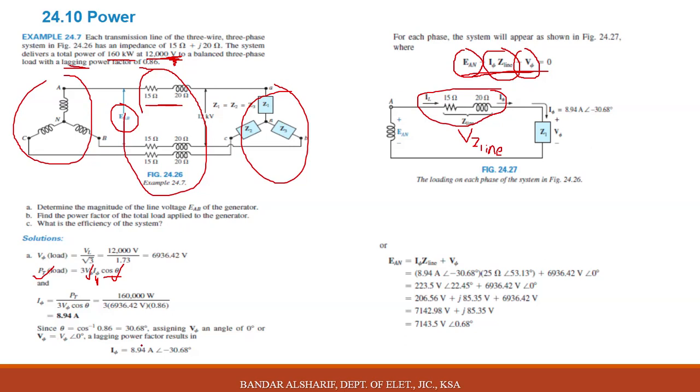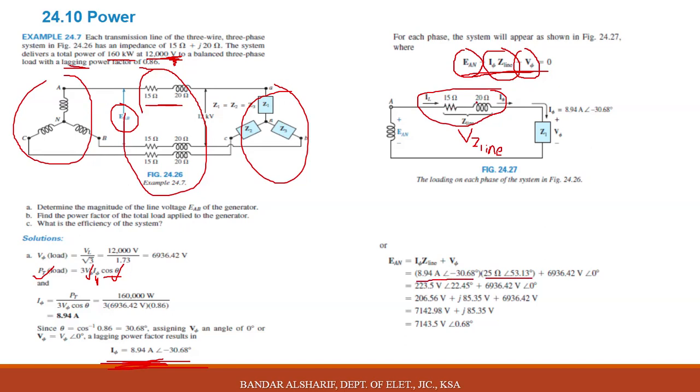With a lagging power factor, the I phase will be 8.94 angle minus 30.69, if we assume that the V phase angle is 0. Now we have this value of I, which is equal to I line. Now we can multiply this value by the impedance.